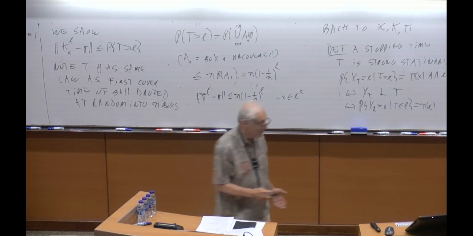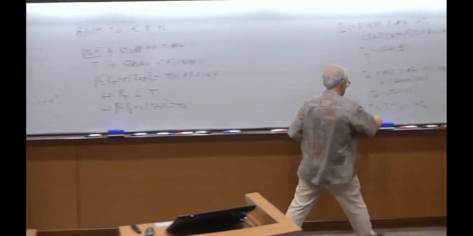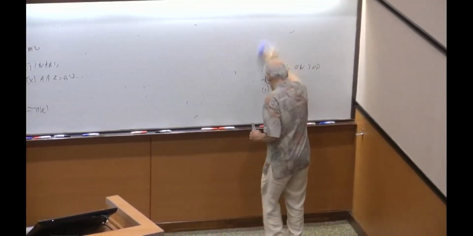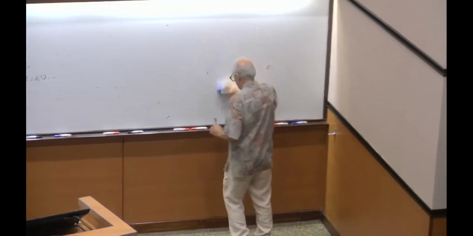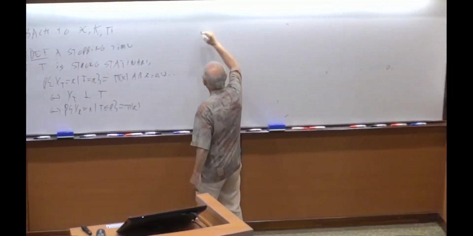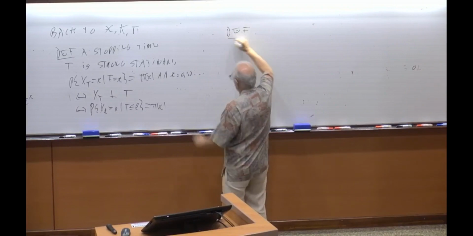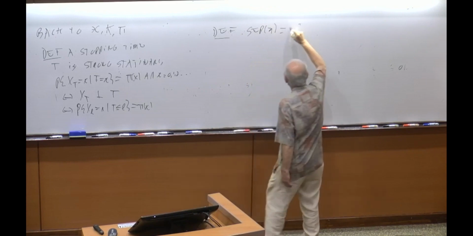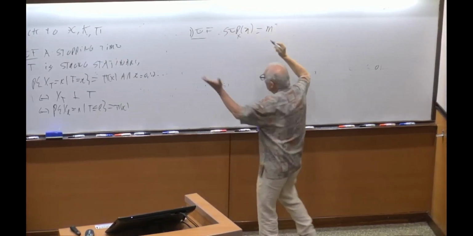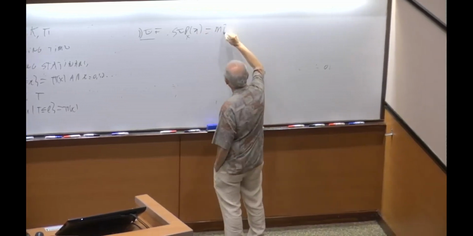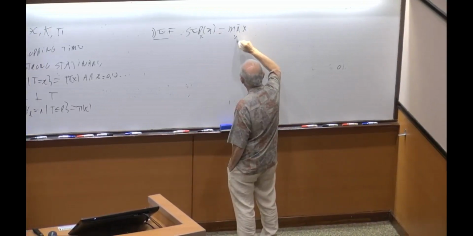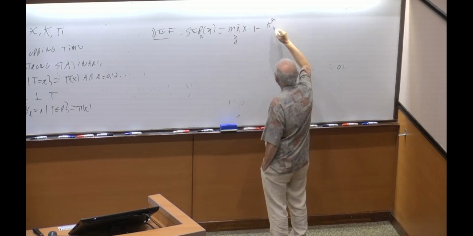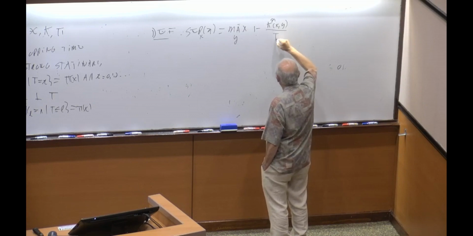And so it'll be useful to introduce a different distance. Definition: in this context, the separation, sep_n, and I allow it to depend on the starting state, is equal to the maximum over y of 1 minus the chance that after n steps, starting at x, you're at y, divided by pi of y.